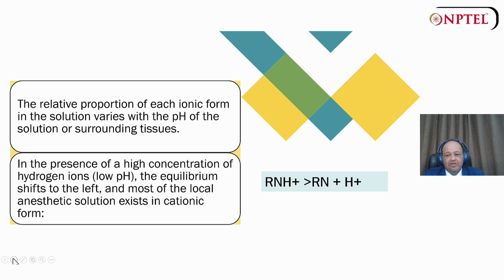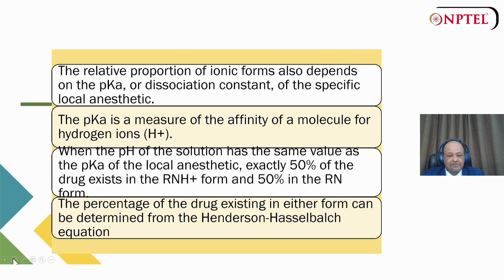So therefore, it will be RN plus H+. The relative proportion of the ionic forms also depends on the pKa, or the dissociation constant, of the specific local anesthetic. The dissociation constant is a measure of the affinity of the molecule for the hydrogen ions.